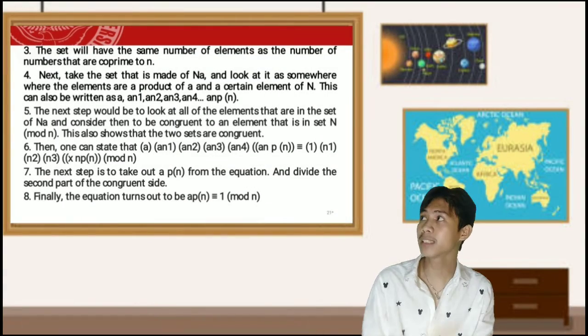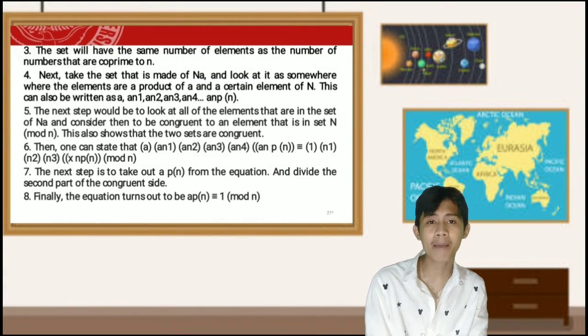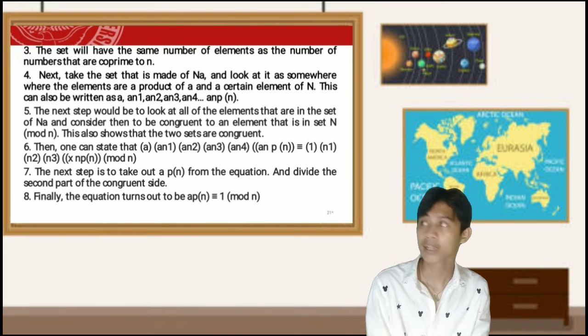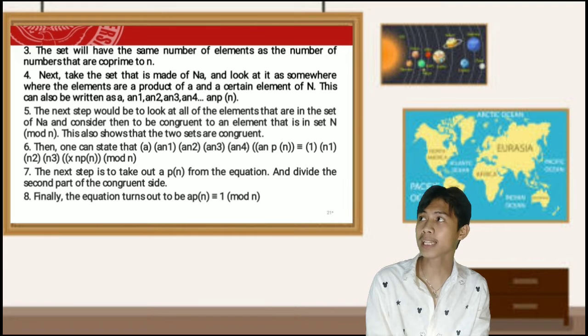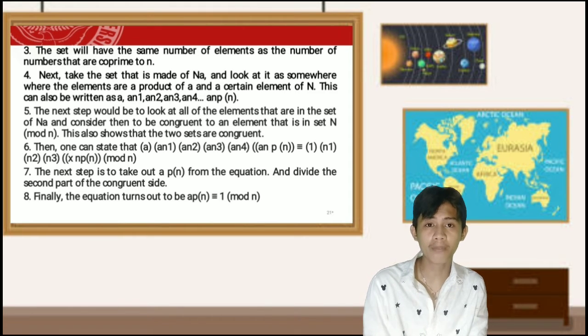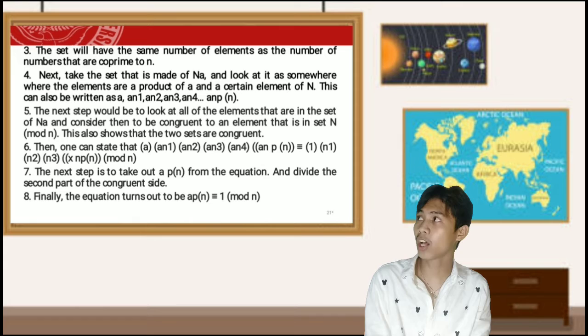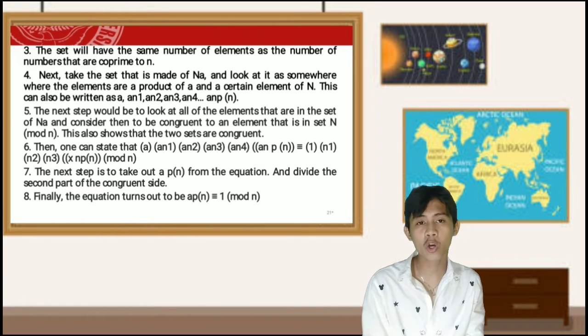The third step is that the set will have the same number of elements as the number of numbers that are co-prime to n. The fourth step, next, take the set made of na and look at it as a set where the elements are a product of a and a certain element of N. This can also be written as a, an1, an2, an3, an4, and so on, up to an_φ(n).